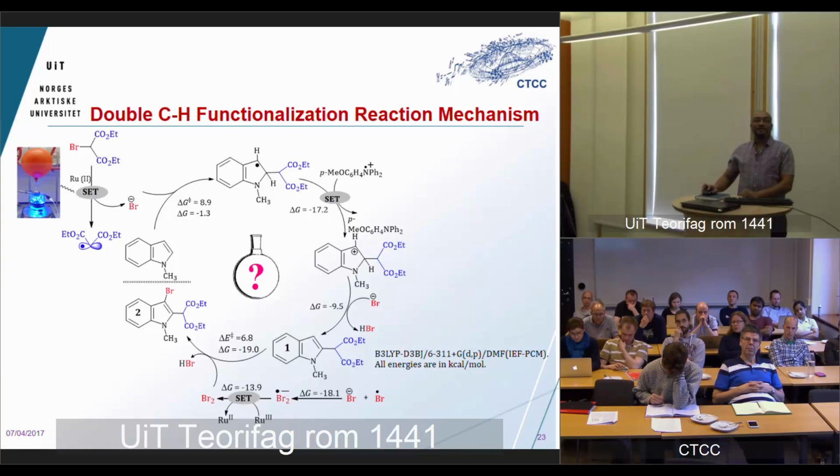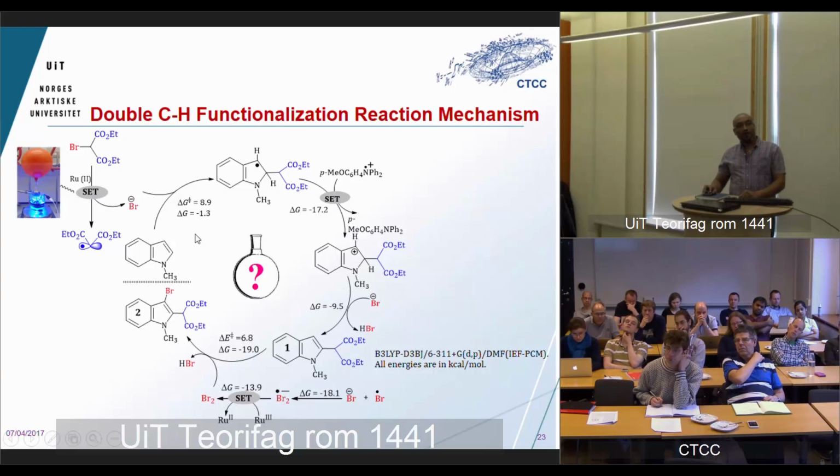And this is the new one that is the most interesting part of the study. So to convert compound 1 to compound 2, or to brominate this compound, we need these steps. We have bromine radical, and we also have bromide in the reaction medium. How is the bromine radical formed? We have the previous steps, and the bromide reacts with the bromine radical, forming this Br2 minus radical.